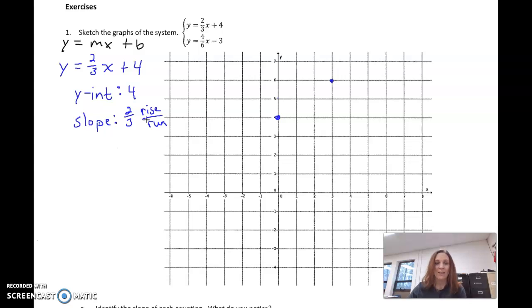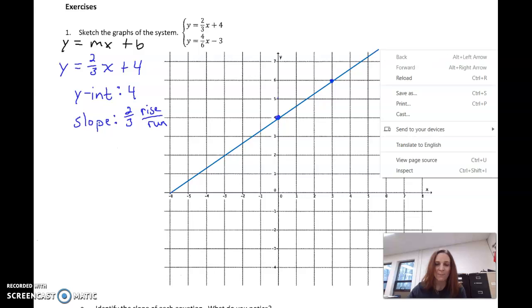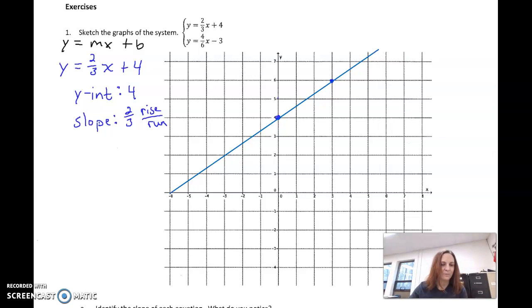And then I'm going to draw a nice line through there. Really be careful about your lines. It makes it easier when you're a little more exact with them. So that line represents all the pairings of x and y values that make this true.